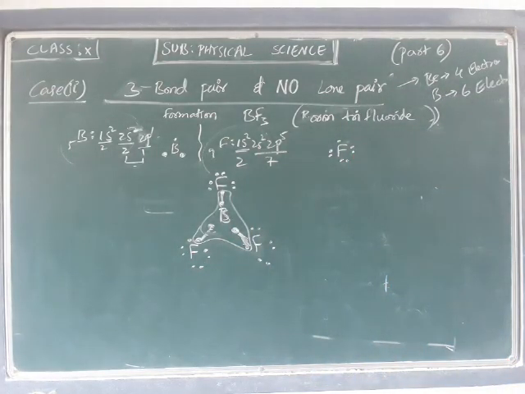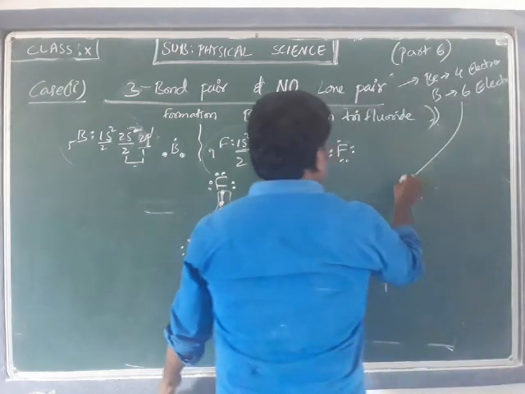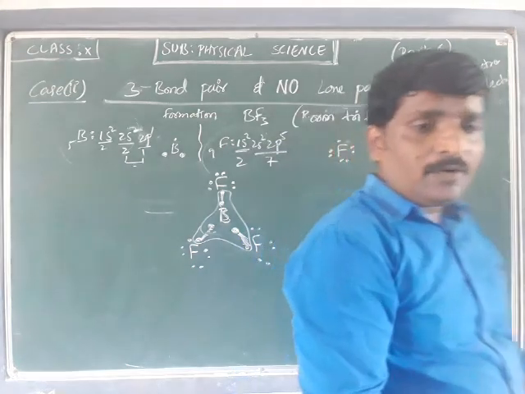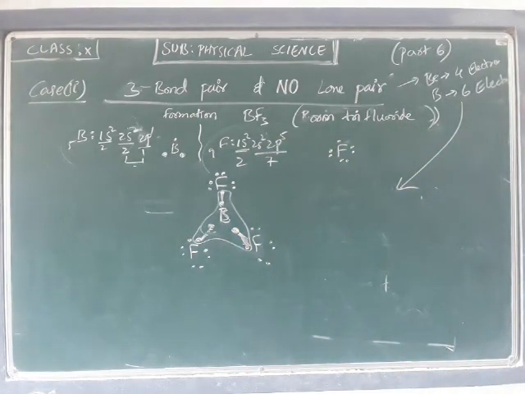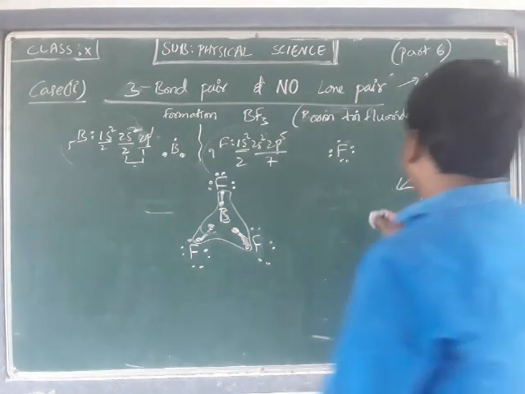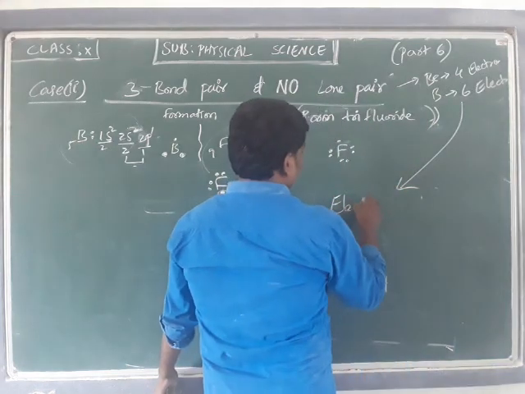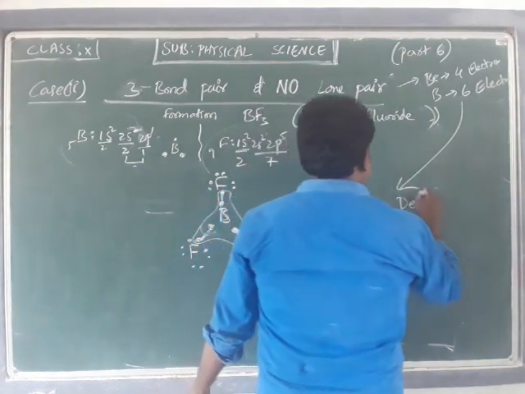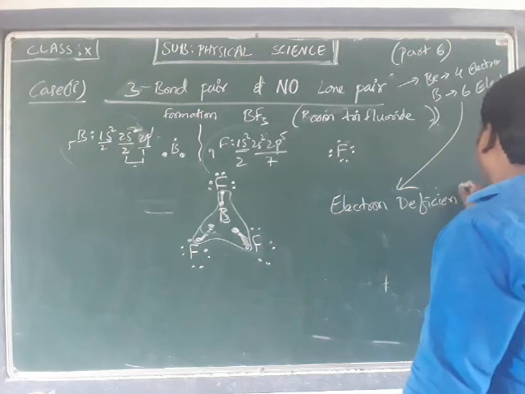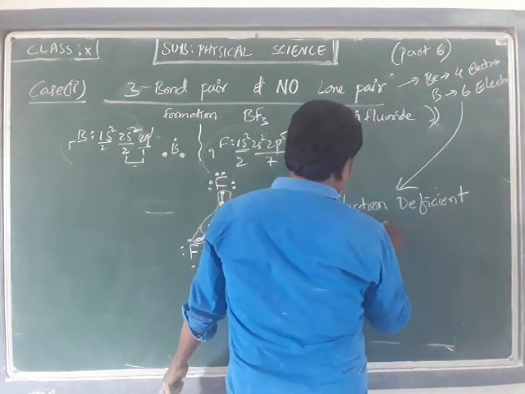So this molecule, either beryllium chloride or boron trifluoride, is called an electron deficient molecule.